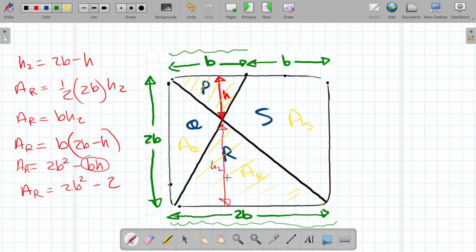And these are similar triangles. These are similar triangles because we've got two diagonals that intersect each other. So that triangle has all the same angles as this triangle. And I'll explain what I mean by that.